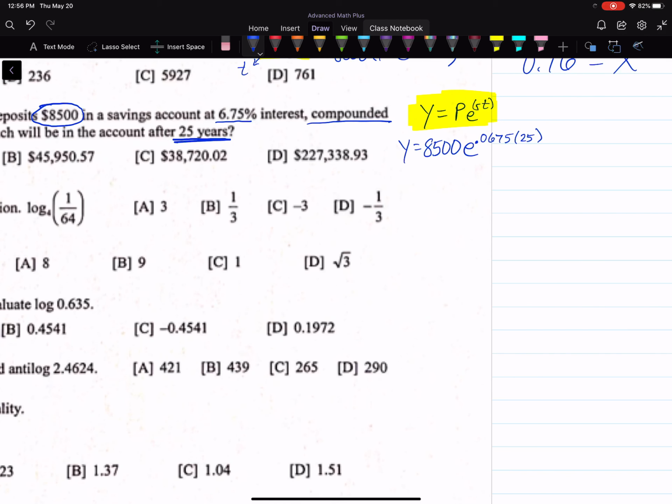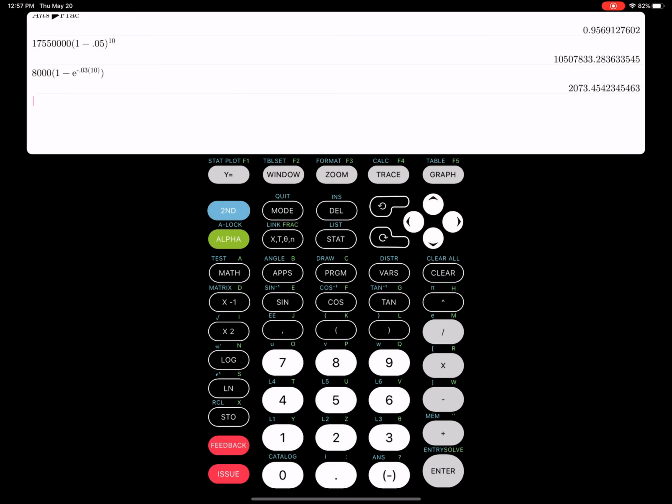And so just understand, these are both up here. These are both exponents up here that you're multiplying there. Okay? And you just stick that in your calculator. So I'll do it in mine. 8,500, excuse me.